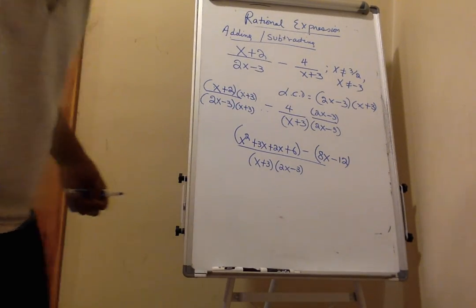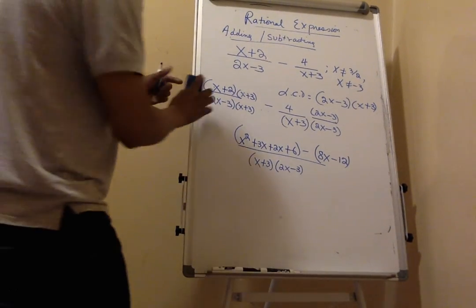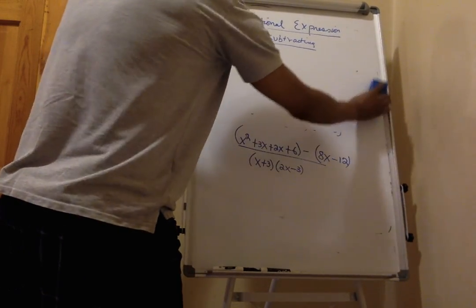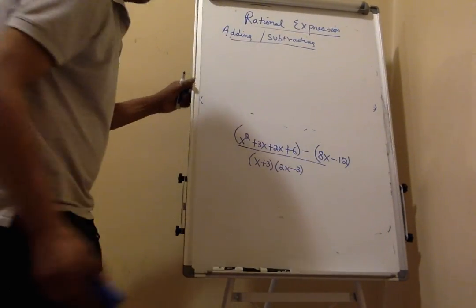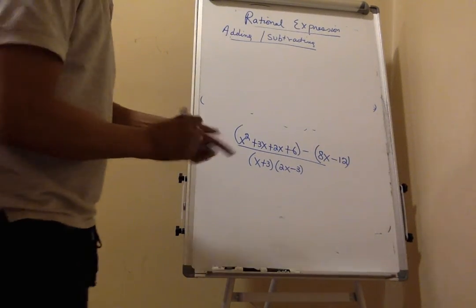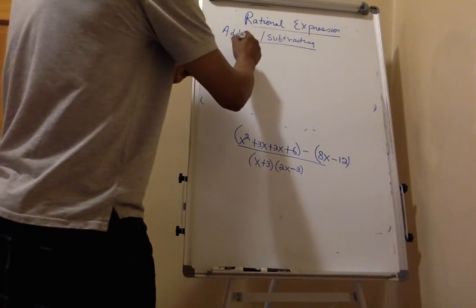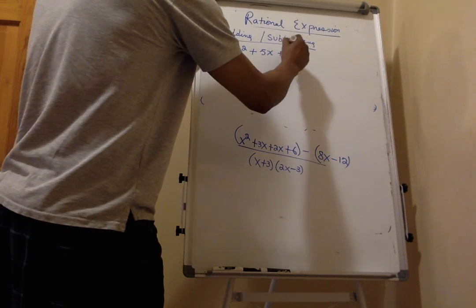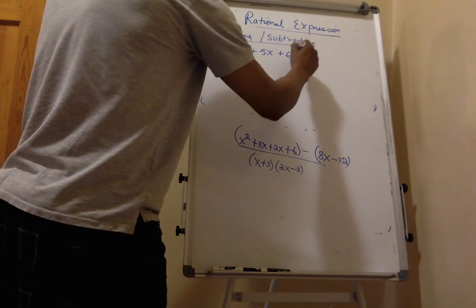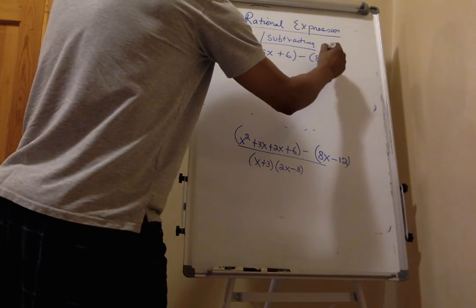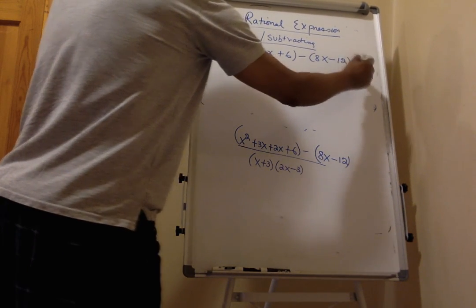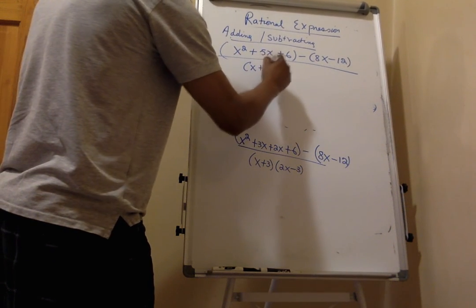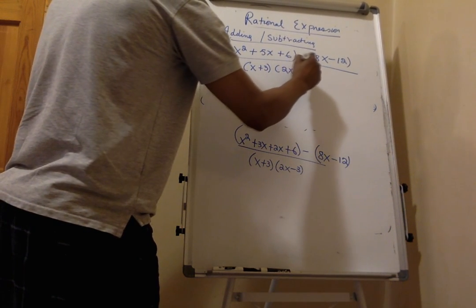Now, we're almost done. Now what I'm going to do is combine like terms for this one. So 3x and 2x gives us x squared plus 5x plus 6 minus 8x minus 12 over x plus 3 and 2x minus 3.